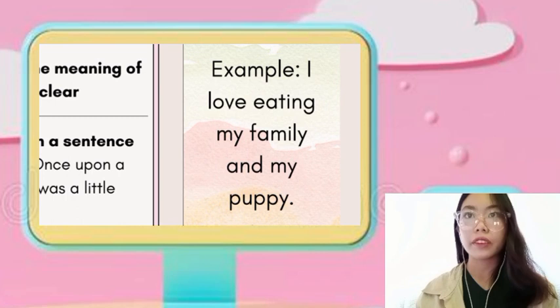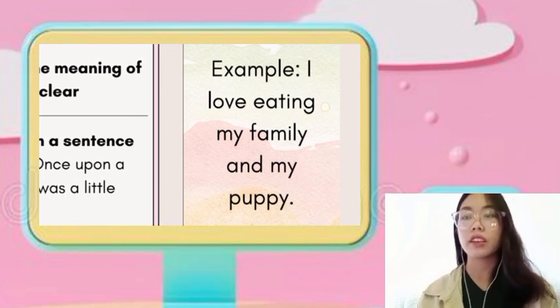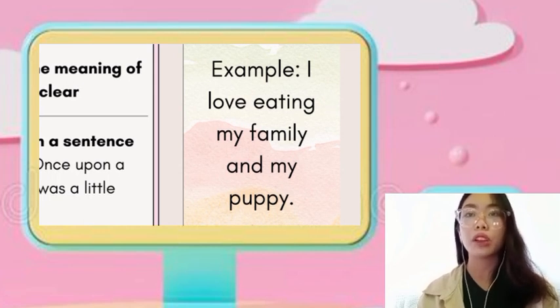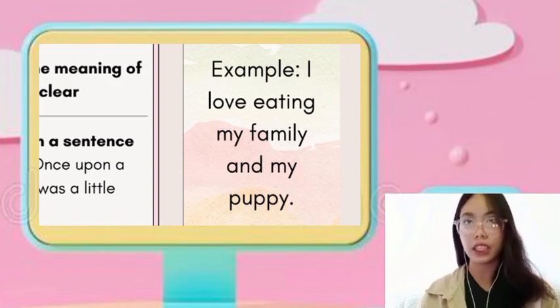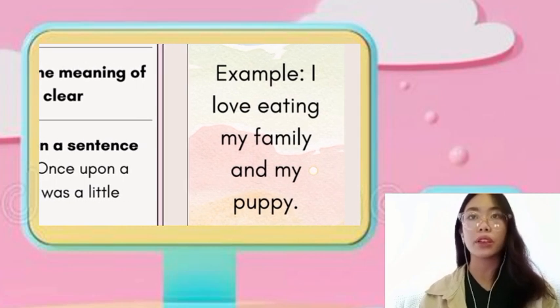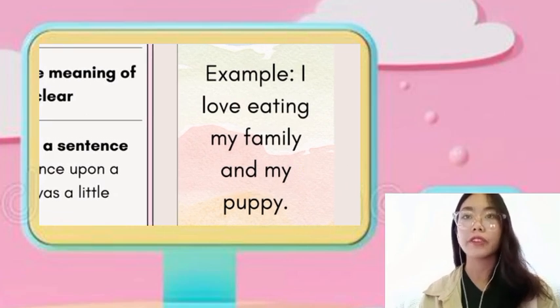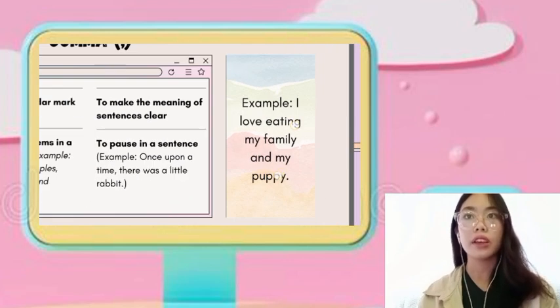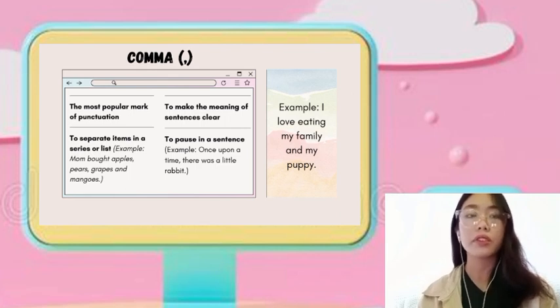In this example, I love eating my family and my puppy. We can change the meaning of that statement if we put a comma after the word eating and after the word family. So it would become, I love eating, my family, and my puppy. So it means that the speaker, I love eating, also loved his family and also loved his puppy.